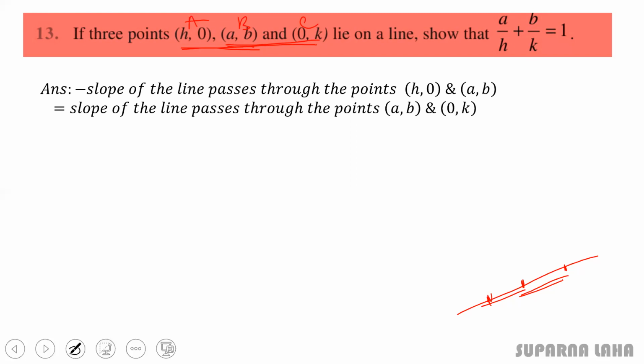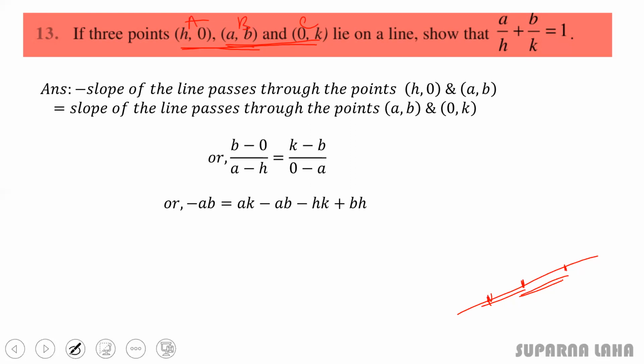Write down the formula, that is the slope of the line passing through two points, y2 minus y1 by x2 minus x1, and just simplify it, cross multiply it. We'll find minus ab equals ak minus ab minus hk plus bh. So minus ab cancels. So ak plus bh equals hk, and now just divide the equation by hk. So we will find a by h plus b by k equals 1. So it's proved.